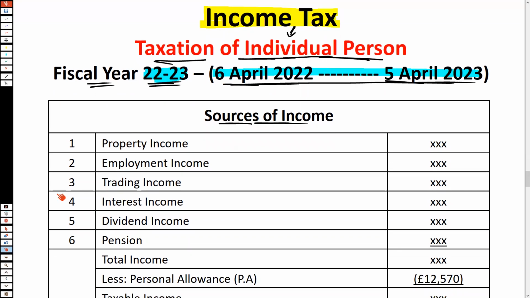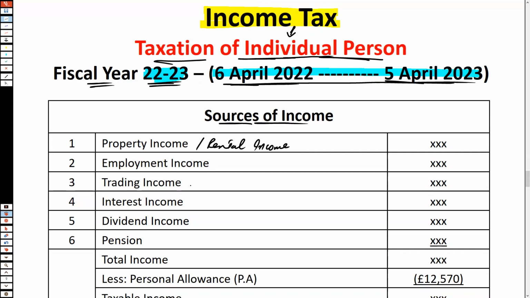Think, in your whole life, maximum you would be having 6 sources of income. Property income, also termed as rental income, is any income earned by letting out land and buildings to tenants. If you are doing a job, you are getting money from your employer, so that is employment income.